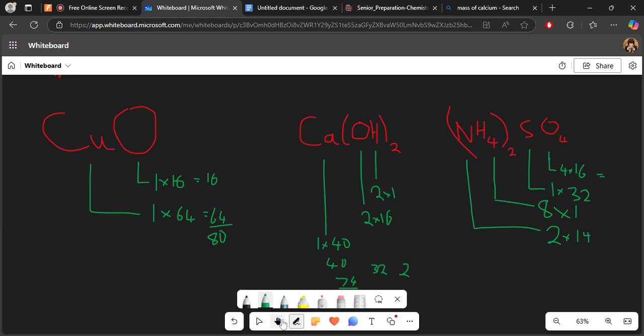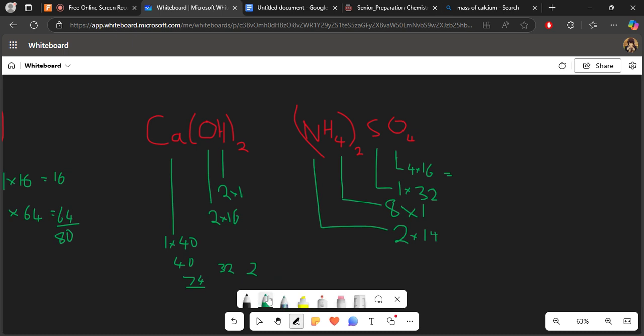This is 64 for the oxygens, 32 for the sulfur, 8 for the hydrogen, and 28 for the nitrogen. Adding this up, 64 plus 32 is 96, plus 8 is 104, plus 28 gives us 132 as our relative formula mass for ammonium sulfate.